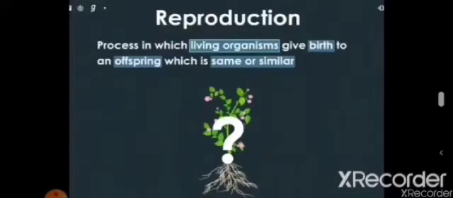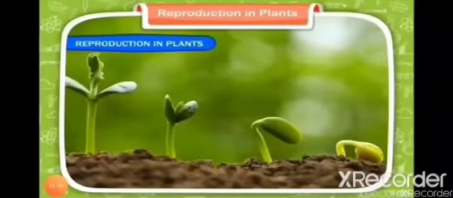Now, when I say living organism, it should include plants as well, right? Yes, of course. We have seen a new plant emerging from a seed. Where does the seed come from? Yes, it comes from some plants, right?